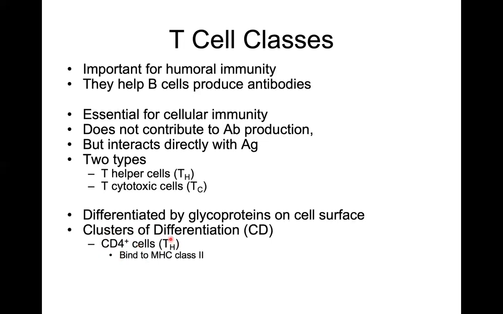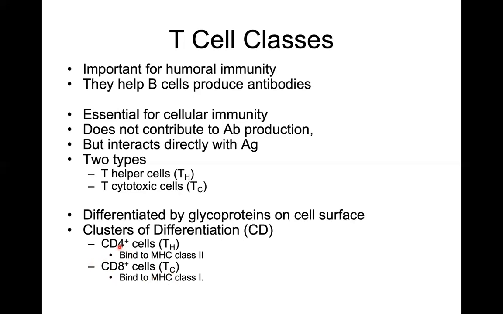CD4 positive T cells, or T helper cells, will bind to an MHC class II protein on certain types of cells. The other major type of T cells are the CD8 positive T cells. These are cytotoxic T cells. CD8 positive T cells bind to an MHC class I protein.